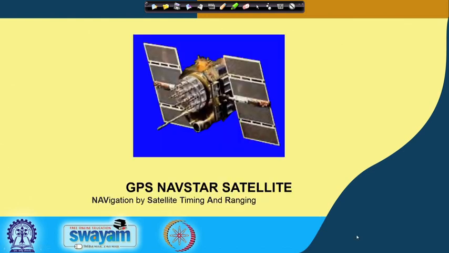So, the satellites, which are more than 24 in number, are called GPS Navstar satellites, and Navstar is basically short form of navigation by satellite timing and ranging. Using these satellites, all the GPS applications are maintained and operated.